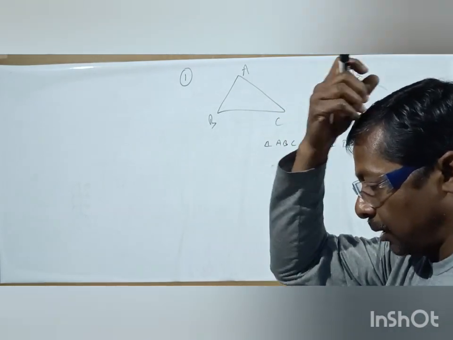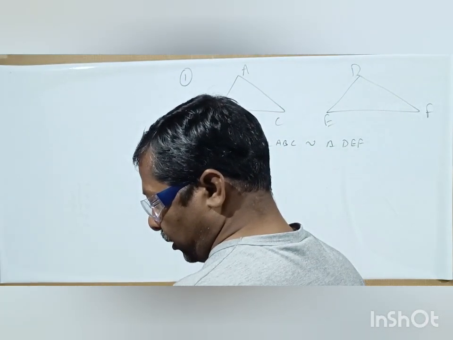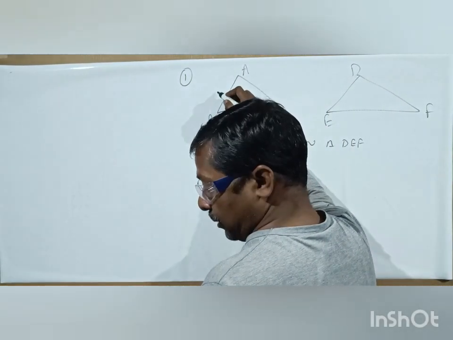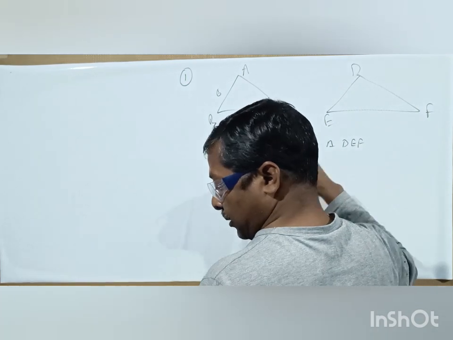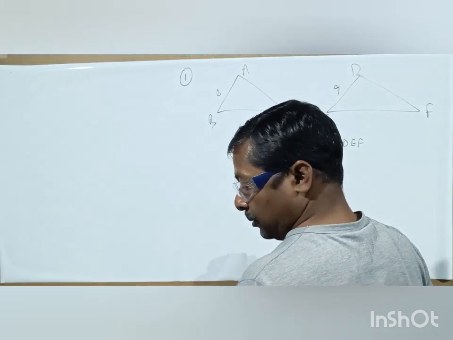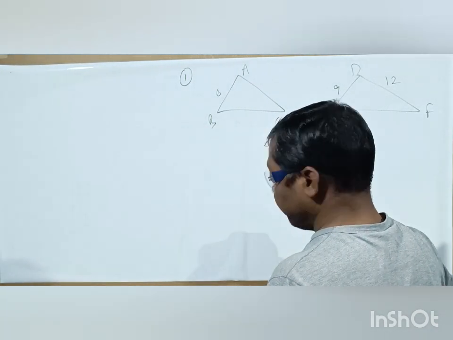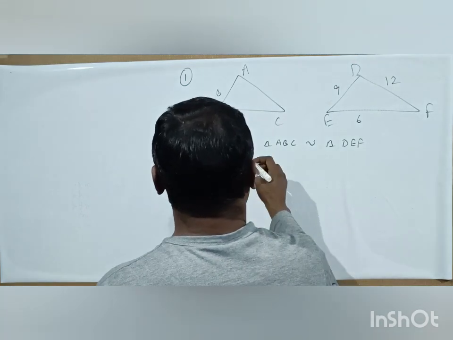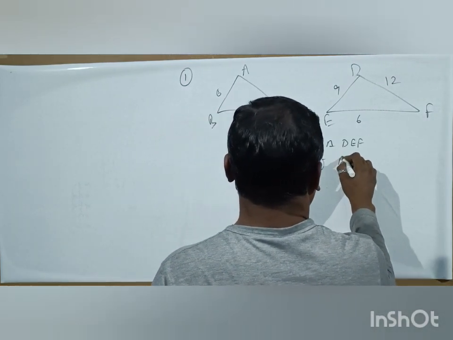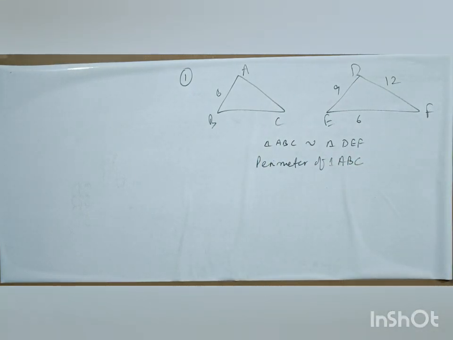In triangle ABC, AB is given as 6 cm, DE is given as 9 cm, DF is given as 12, and EF is given as 6. So we have to find out the perimeter of ABC. How to find out the perimeter of ABC?